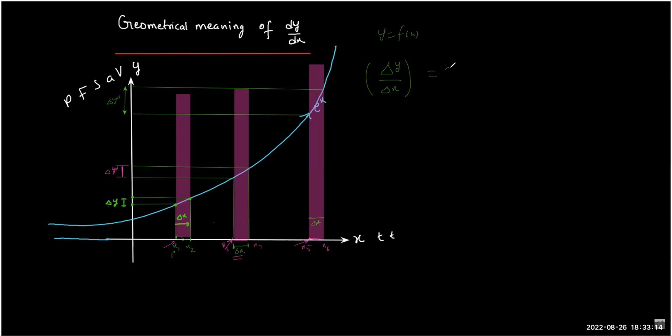Then I can say this is some other function g(x). Yep. So both depend on x. The y is of course depending on x, but even the change in the dependent variable upon, or you can say per unit change in the independent, is also depending on x. So you will get a different ratio at a different location.